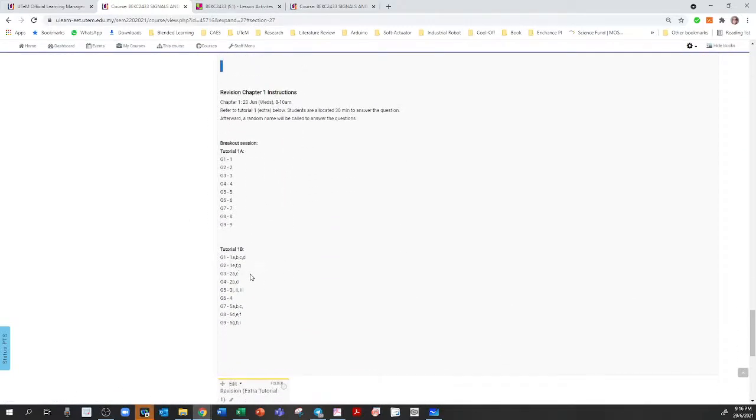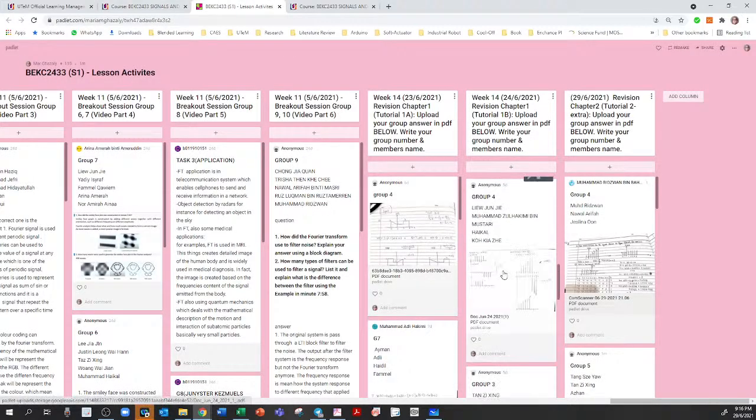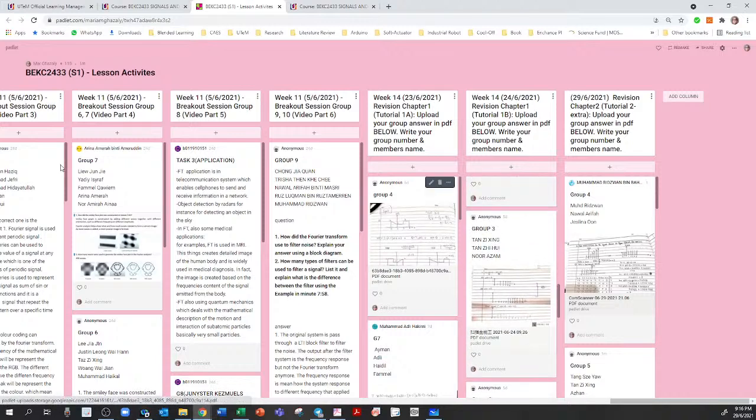Okay, question 2A and C, group 3. Tan Ziying has already answered, Tan Zihui has answered before, and Nur Azam has also answered before.